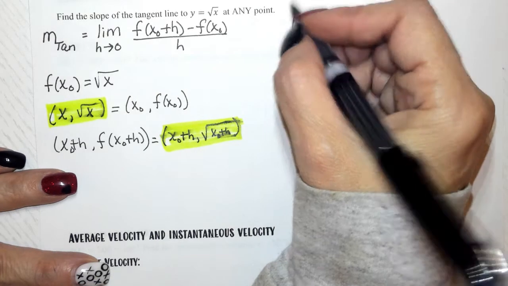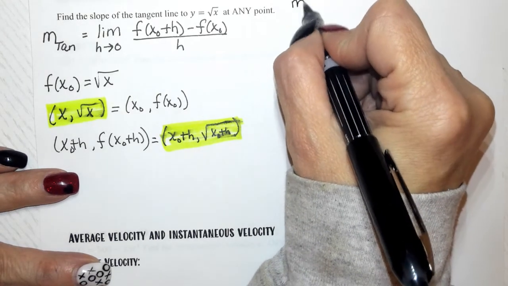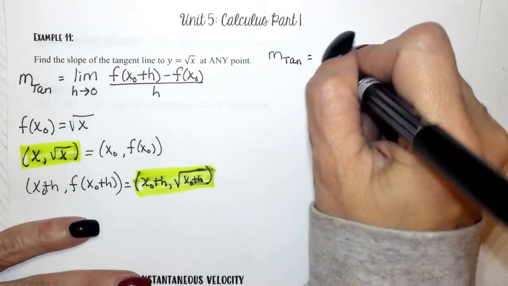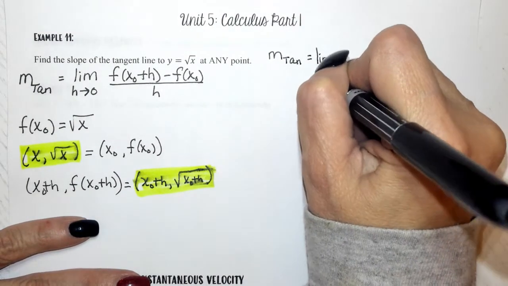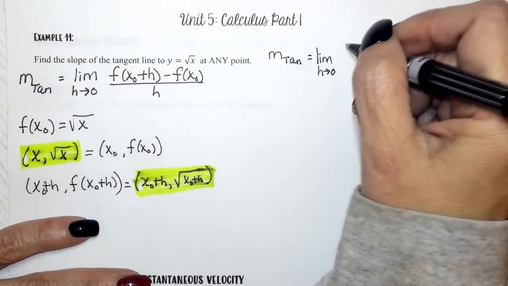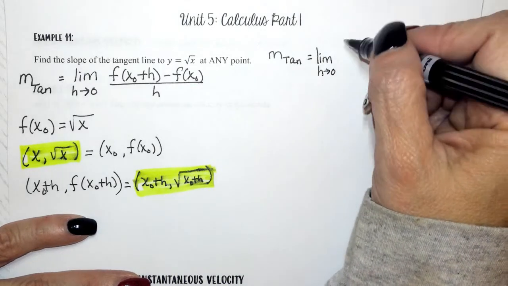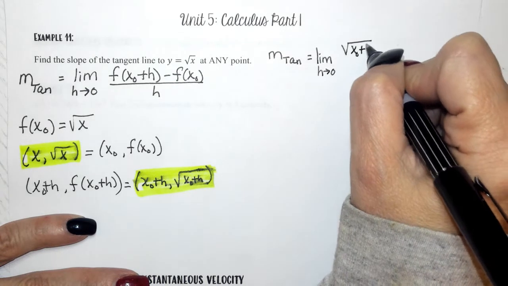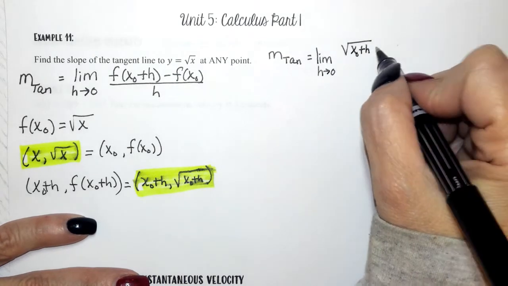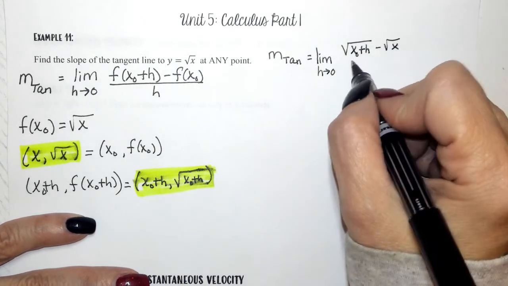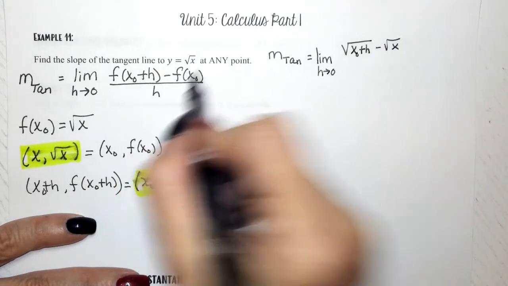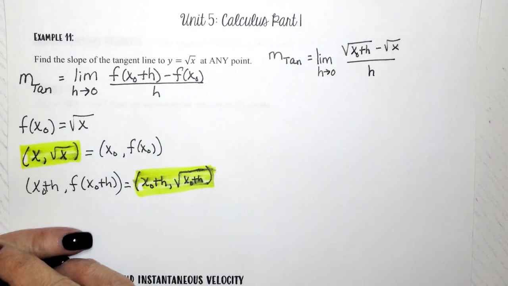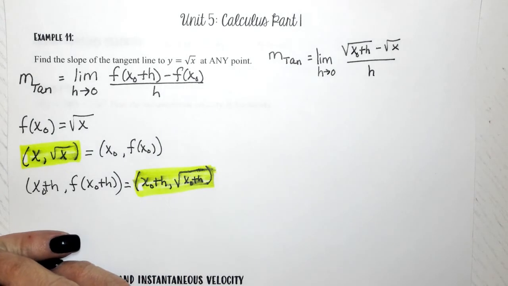So let's see if we can do this. Let's do the slope of the tangent equals the limit as h approaches 0 of the square root of x naught plus h minus the square root of x naught all over h, right? And at first glance, when you look at that, you're like, oh, okay.